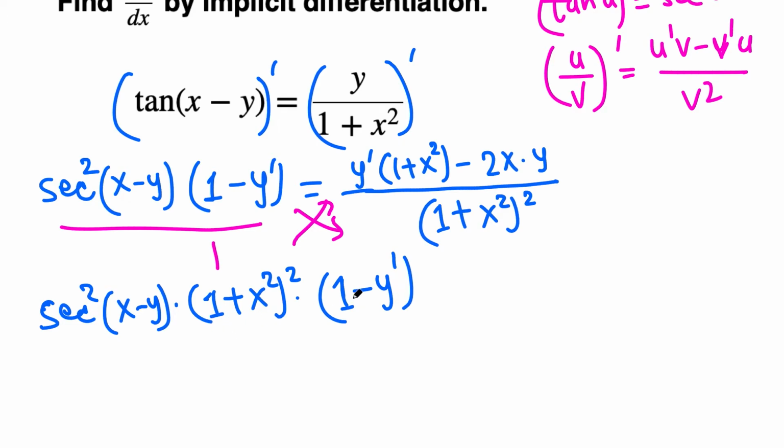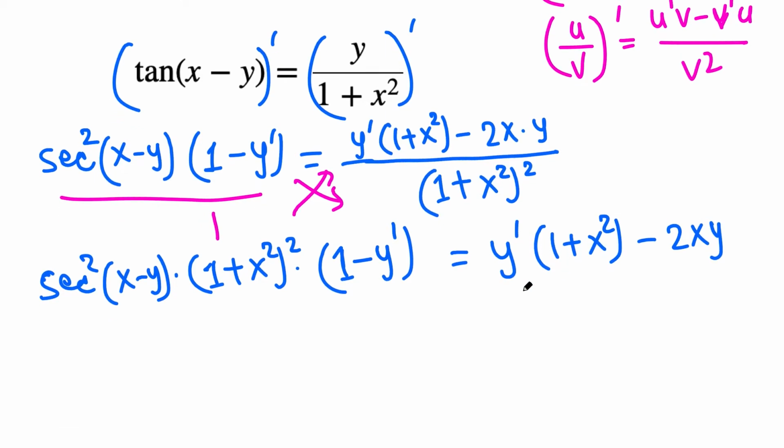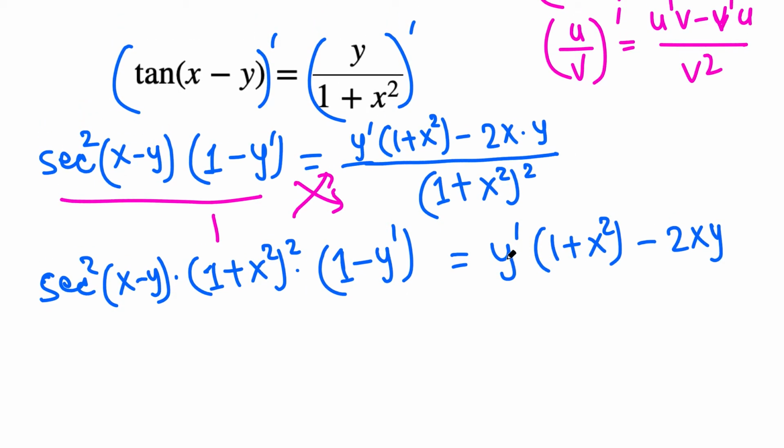We cannot leave it inside parentheses like this. Equals, here just y prime times 1 plus x squared. We don't have to distribute. We can if we like, but that's not necessary, 2xy. Because the goal here is to isolate y prime, and y prime is kind of good in this case. So on the left, y prime is the issue, so the whole thing we can distribute.